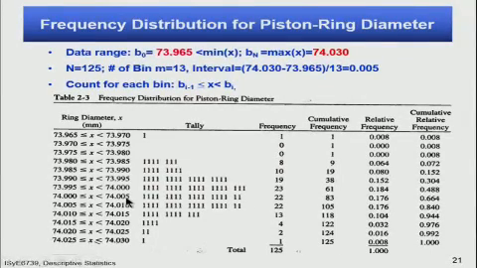That's the upper bound, not the lower bound. So 66% of data are smaller than the upper bound of this interval. Does it make sense? Very simple calculations and interpretation. Any questions?